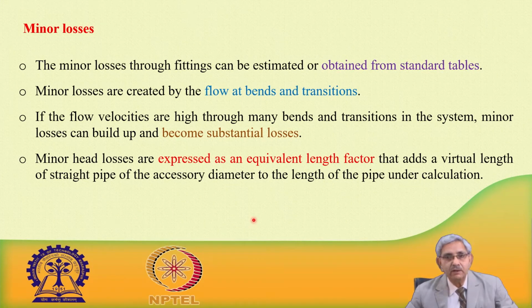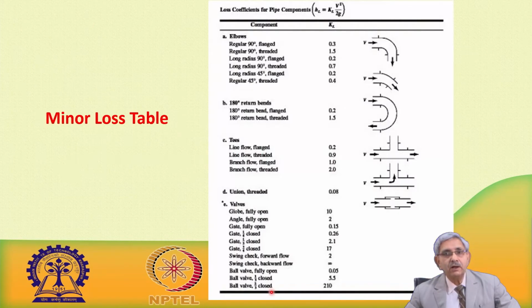The barb has a specific coefficient that is multiplied, and it is expressed in terms of the equivalent length value.